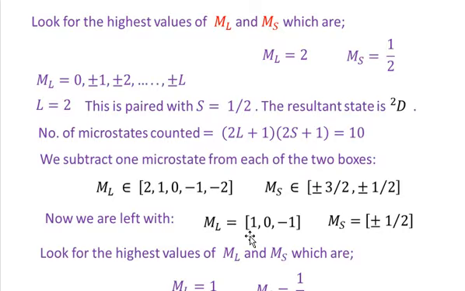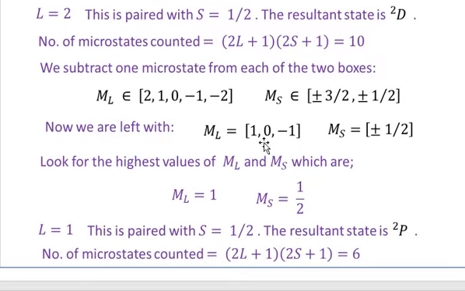The rest of the values is 1, 0, minus 1, and here I am going to subtract plus minus 3 by 2, and the rest of the value is plus minus half. So we are going to subtract the maximum values because we have dealt them before. Now we have ML containing 3 values, MS containing plus minus half.